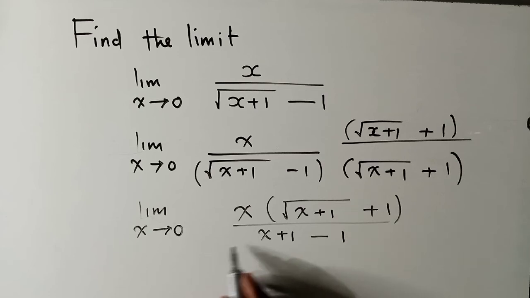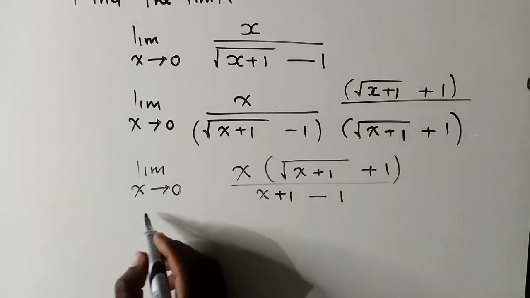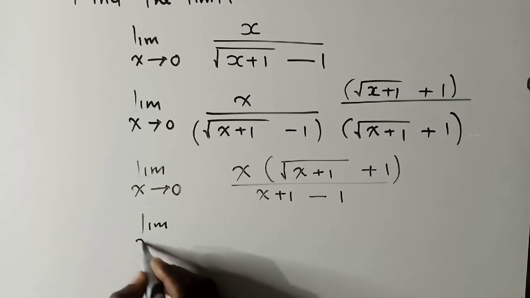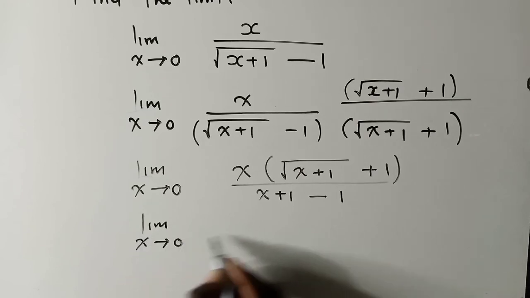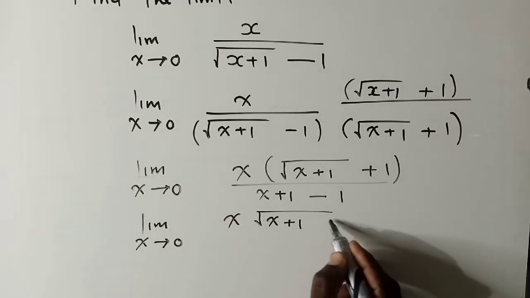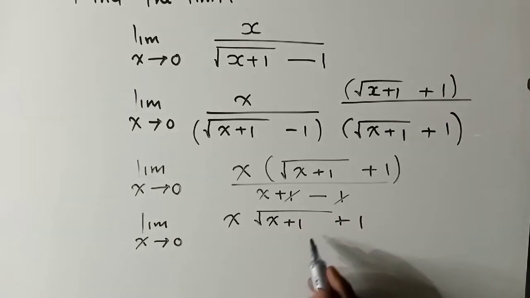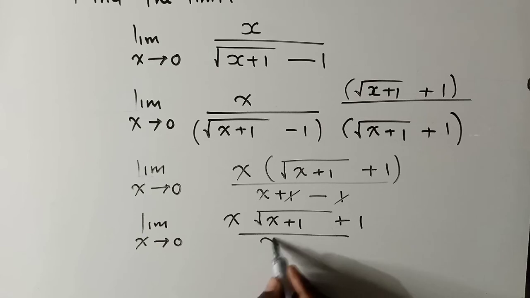So from this stage we can now sort things out. We have the limit as x approaches 0 of x, and we also have this stuff here. Down here 1 and 1 will cancel, and we'll just remain with the x.